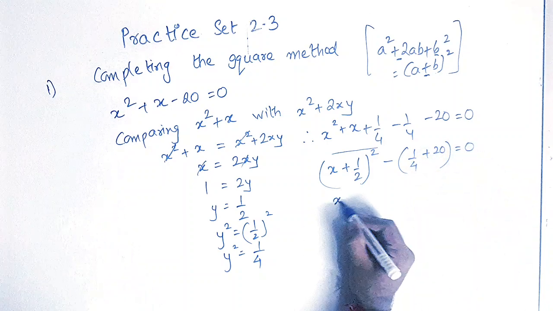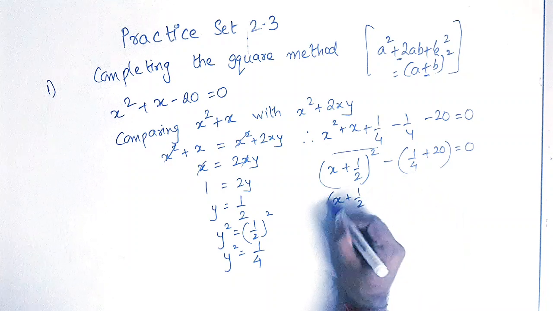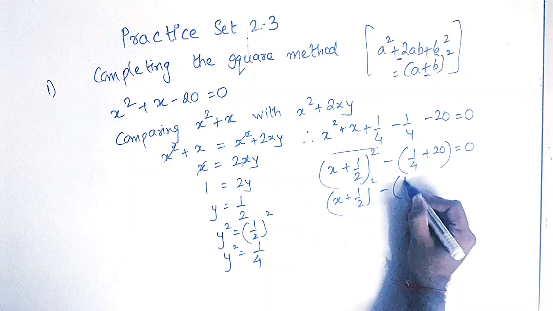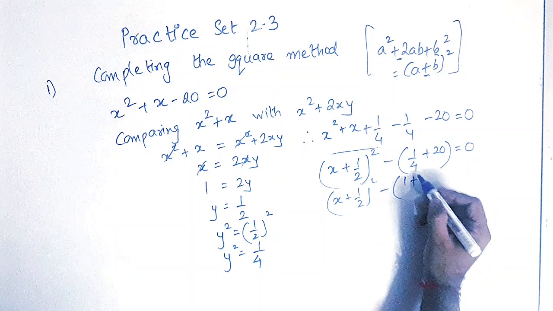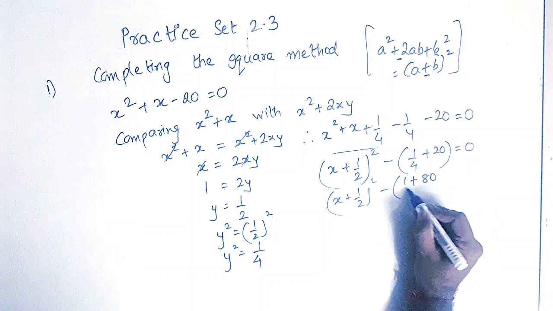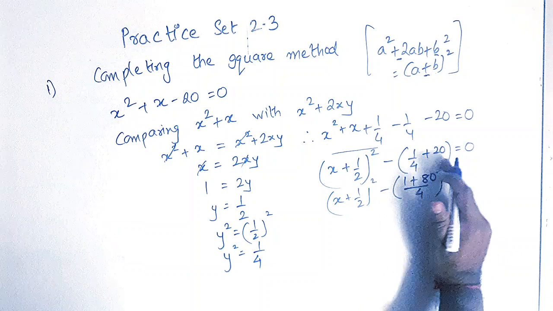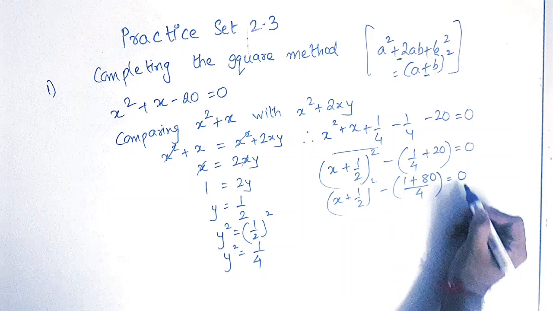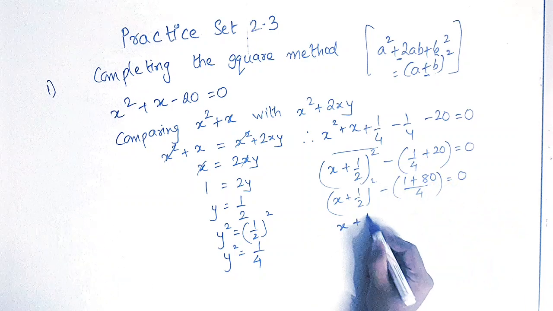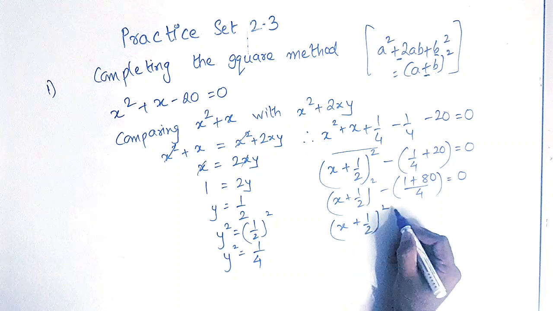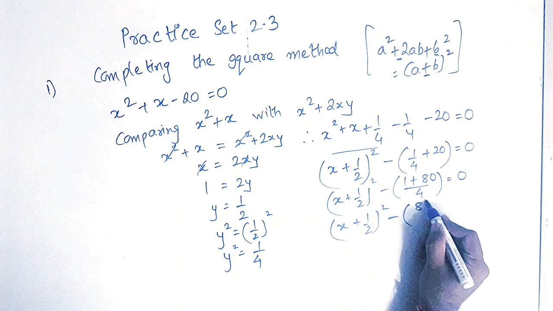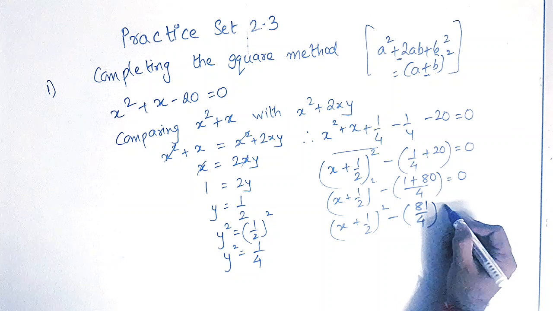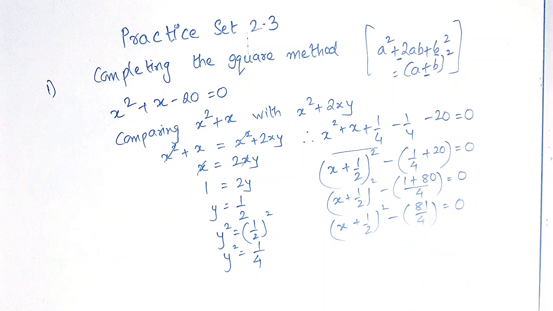Let us solve this now. This will be as it is, minus 1 plus this will become 24 is 80 upon 4, correct? Cross multiplication equals to 0. So this will be x plus 1 the whole square minus this will become 81 by 4 equals to 0.